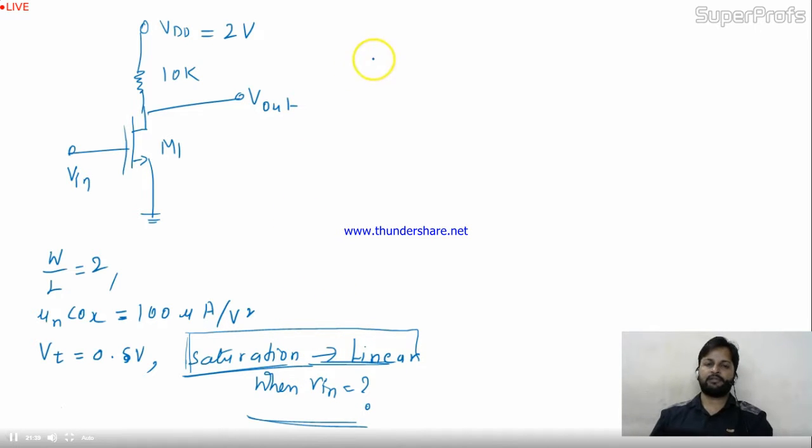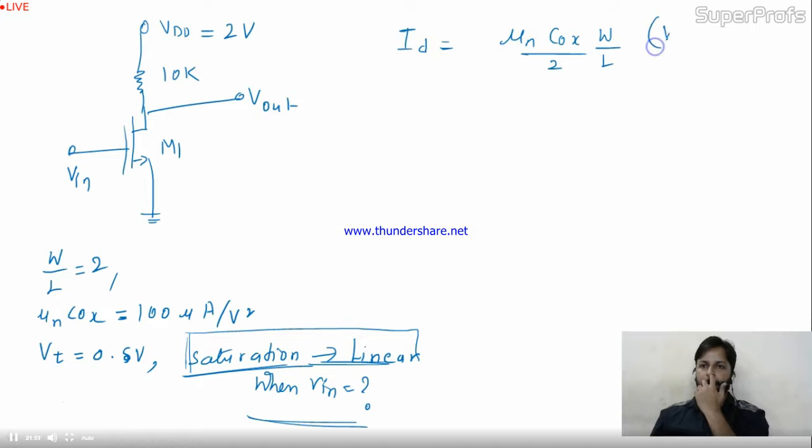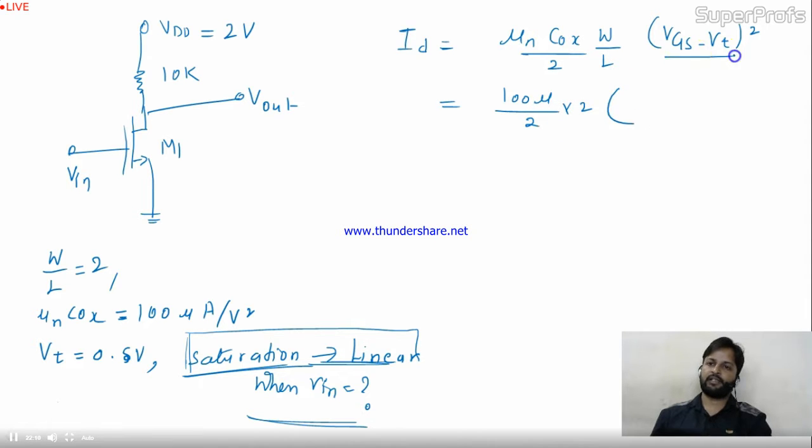So in the saturation region, the formula for ID is again mu n COX W by L divided by 2, here (VGS minus VT) whole square. Is it okay to you? Now everything is given. W by L is given 2. Mu n COX is given 100 micro, divided by 2 into 2. Can I write it as VDS square?